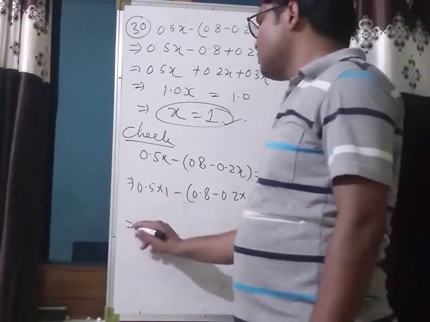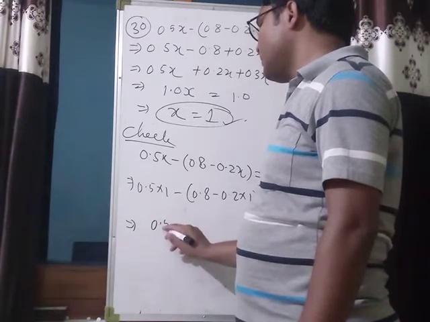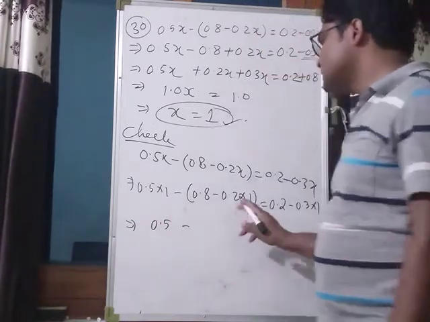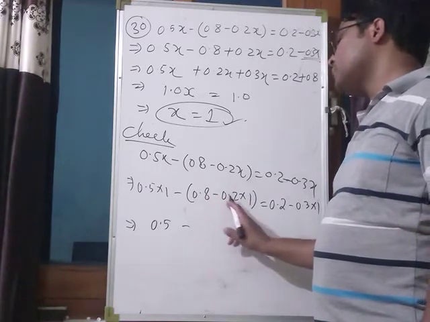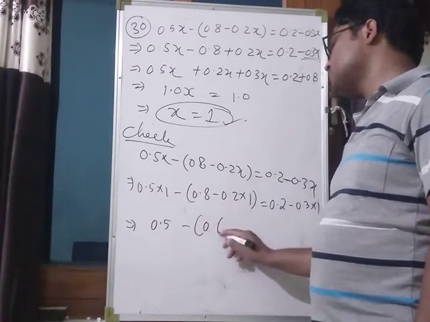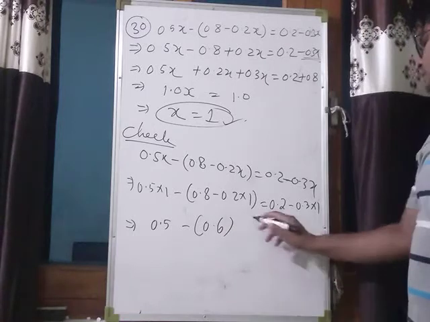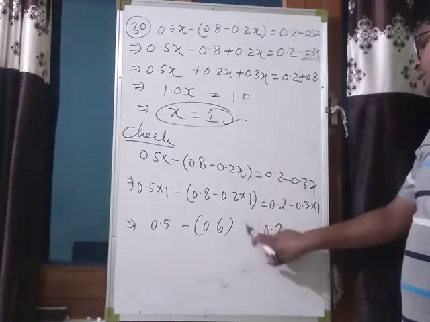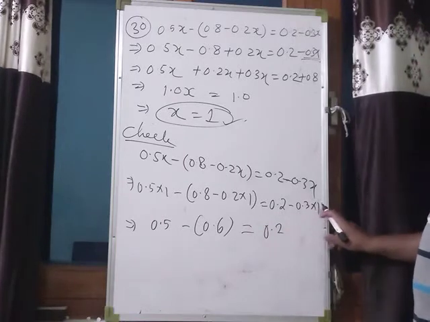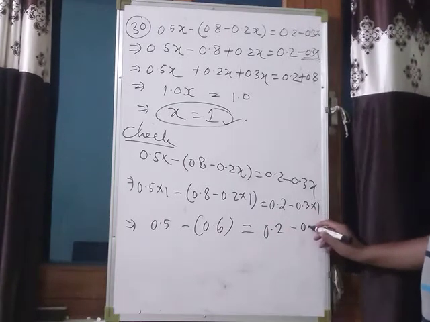So what we have? 0.5 into 1, that is 0.5, minus 0.2 into 1, 0.2, and this is 0.8 minus 0.2, that is 0.6. Okay, and that is 0.2, and this is 0.3 into 1, 0.3, minus 0.3.